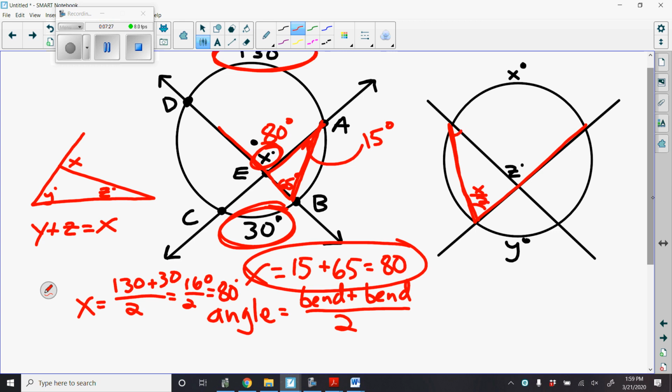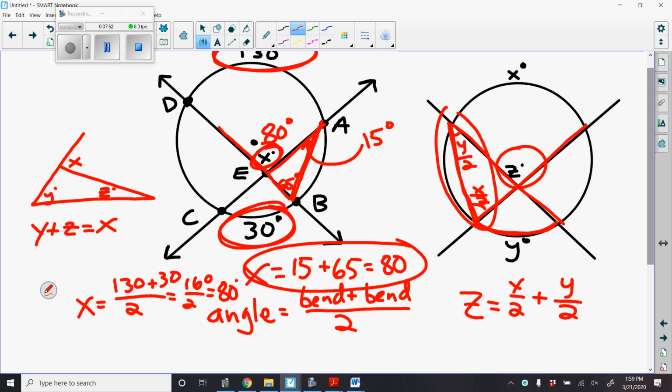This inscribed angle up here intercepts this arc y, so this angle has to be y over 2. If I use the exterior angle theorem, that tells me that z equals x over 2 plus y over 2. This exterior angle has to equal the sum of the two non-adjacents.